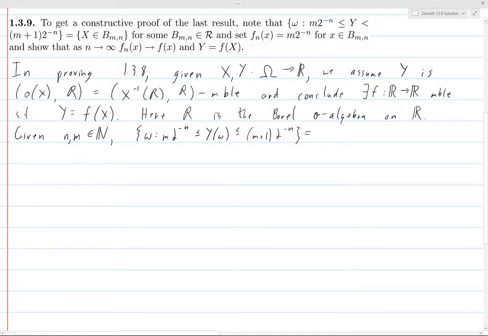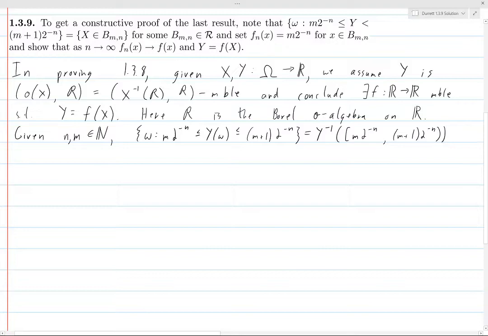So this is, by definition, Y inverse of the set [m 2 to the minus n, (m plus 1) 2 to the minus n).